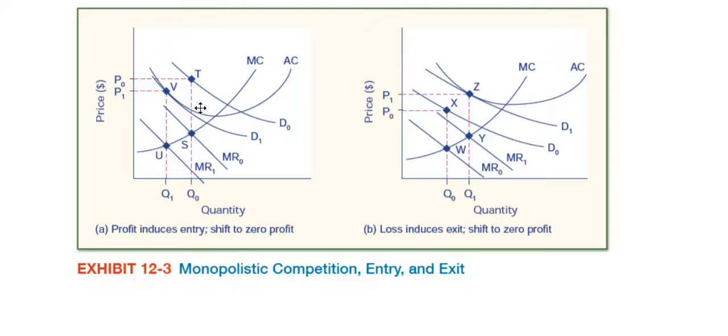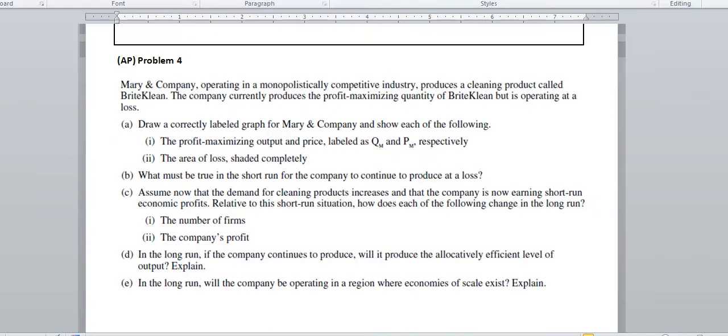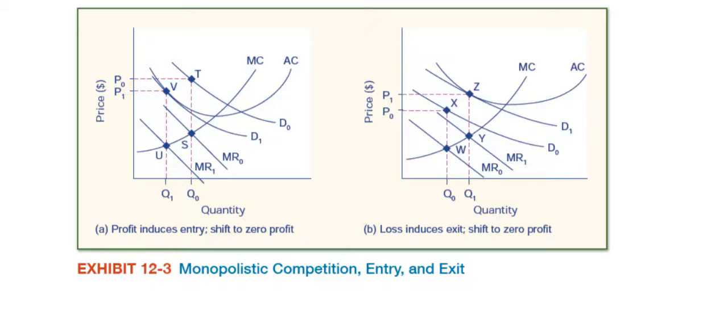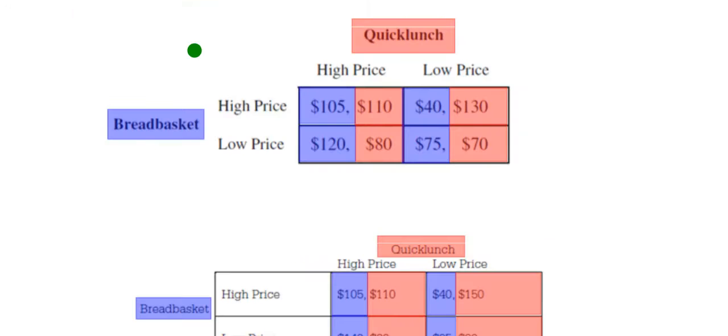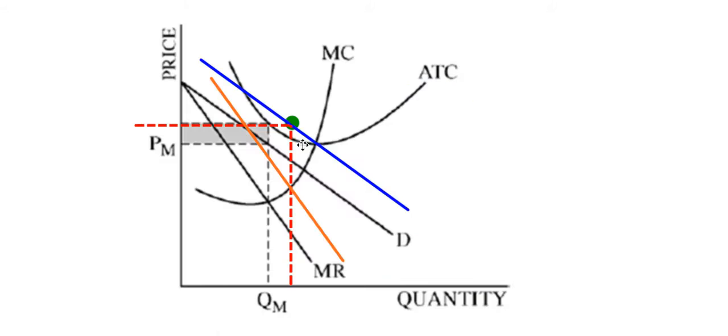So if one firm or two firms, or whatever firms are in this monopolistically competitive market, are enjoying an economic profit, then other firms are going to come into the industry, because remember, in a monopolistically competitive industry, we have free exit and entry into the market.